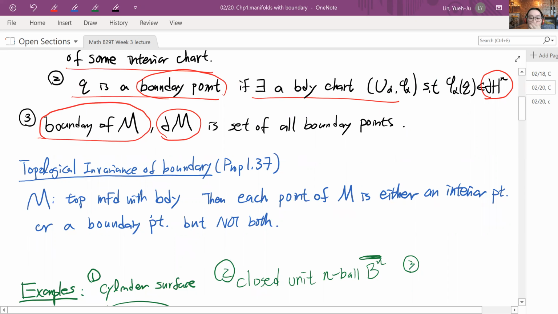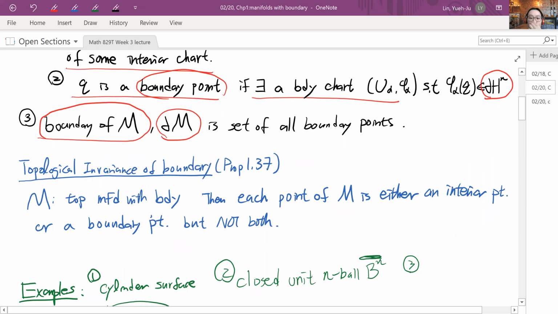So when we talk about the smooth structure, it matters what it means to be a smooth map from some open set in H^n to any Euclidean space, because now you might include some boundary points. Let me recall what we know from advanced calculus. If you have an open subset in H^n, it can be of any type: it could be the original open set that does not intersect the boundary, or it could intersect the boundary as well.